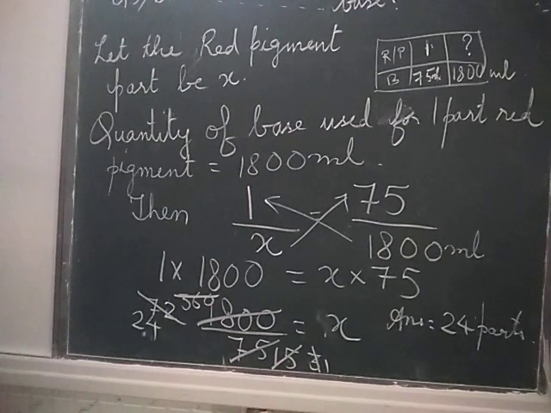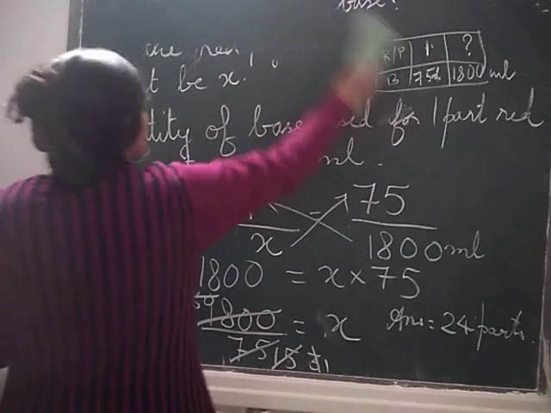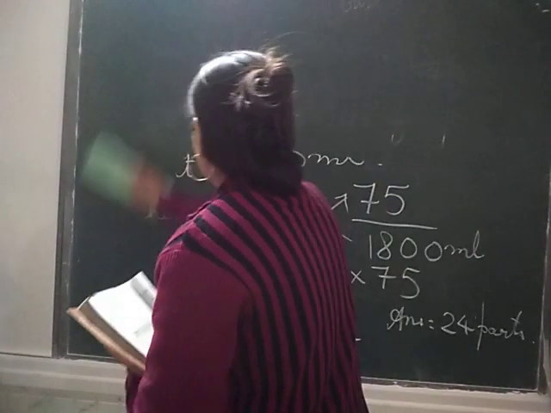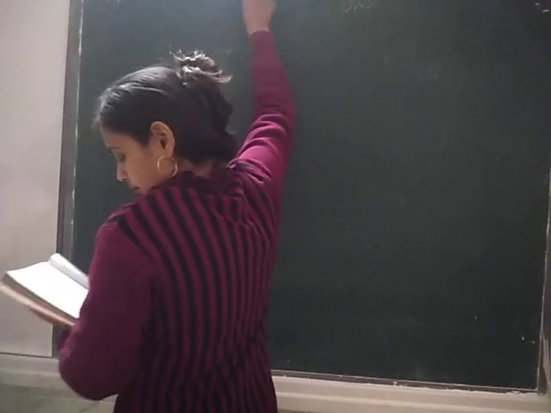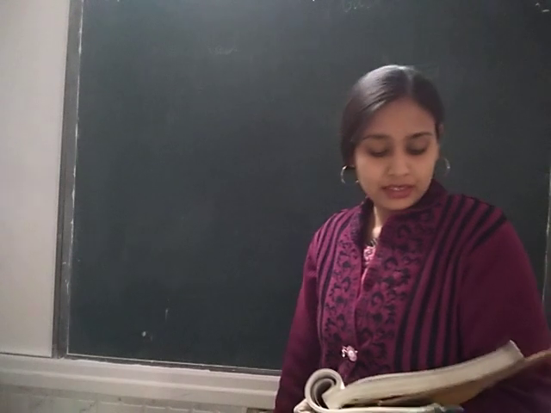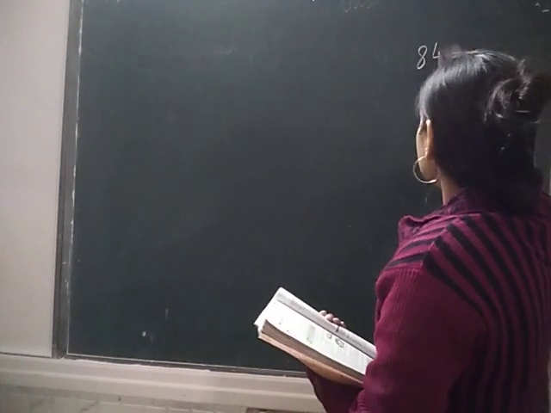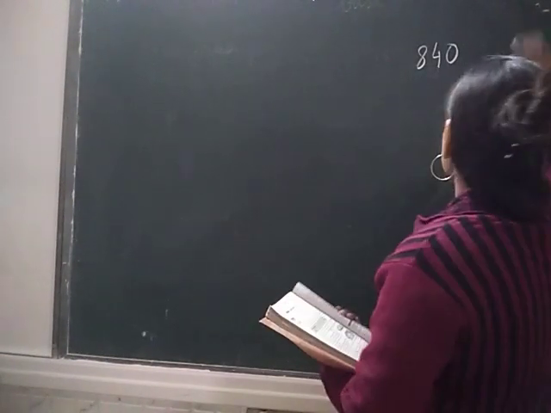Then we go to question number 4. A machine in a soft drink factory fills 840 bottles in 6 hours.